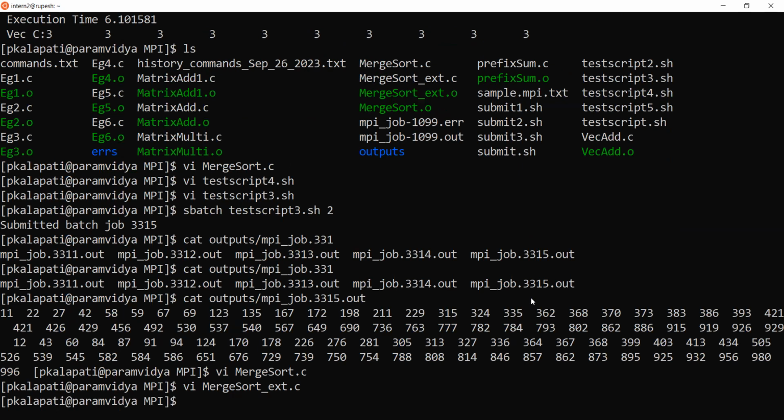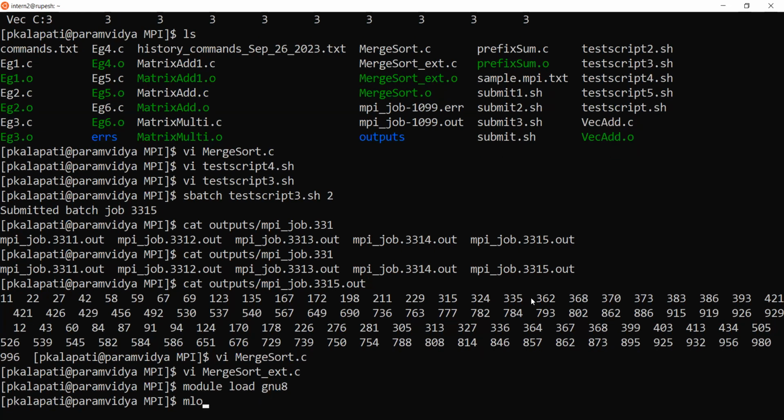Yes. How can we compile it? To compile this particular one, first of all, we have to load, right? Module load GNU8.